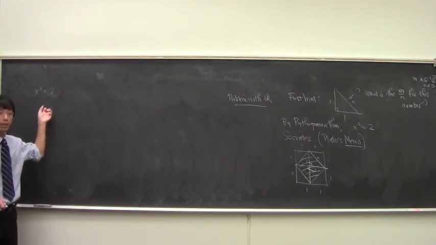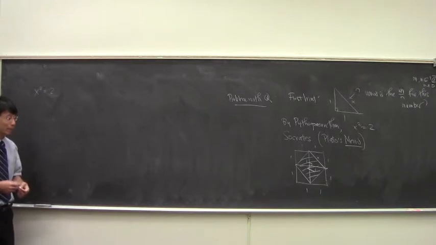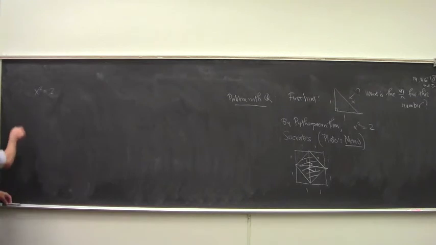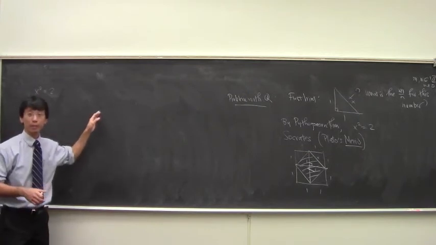And then eventually somebody, and I've forgotten his name, I've known him for many years and it's just slipping my mind now, figured out that it's not even a rational number. There are no m and n that describe it.